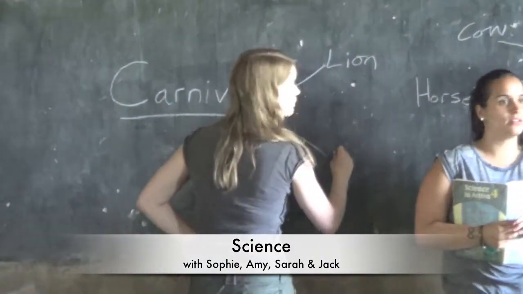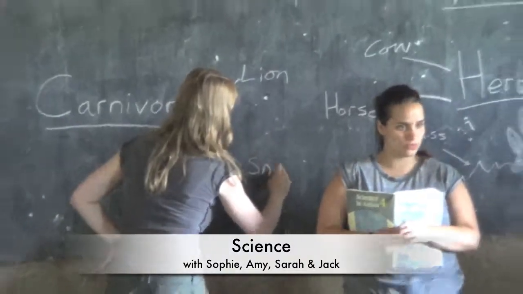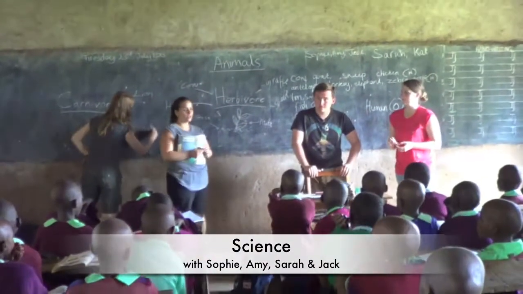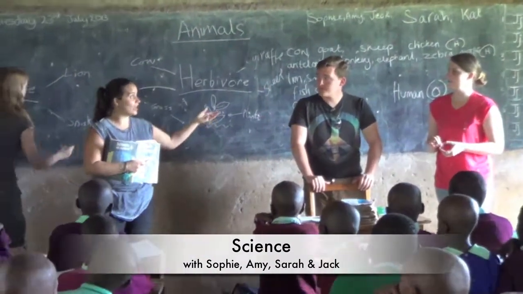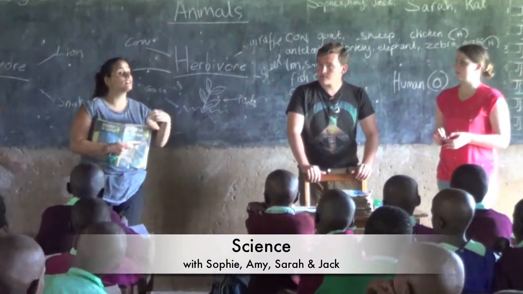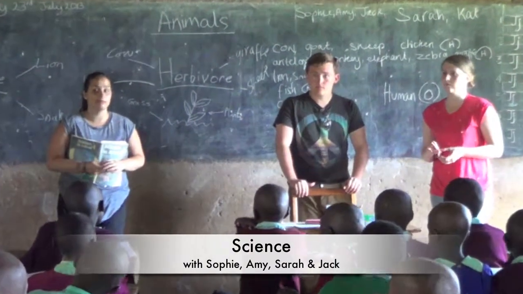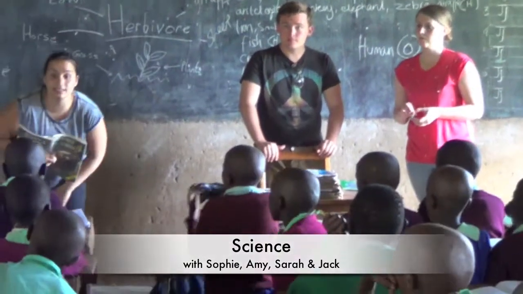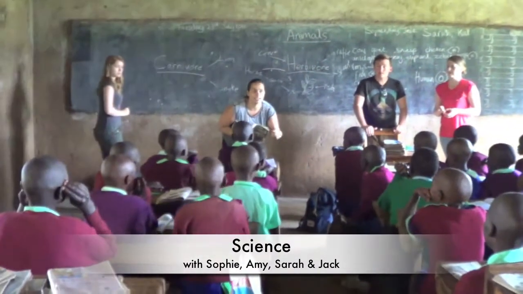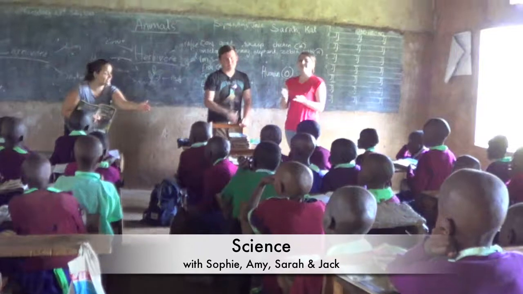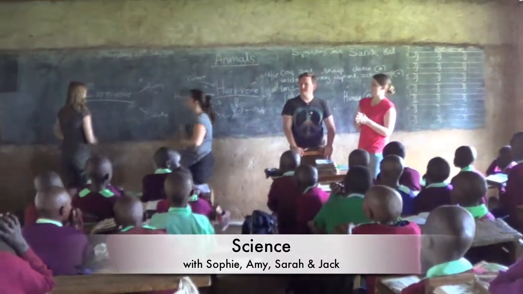What would they eat that a herbivore doesn't eat? So for example, Jack's given a lion. What do lions eat in Africa? What does a lion eat for dinner? Meat. Excellent. A carnivore eats meat.